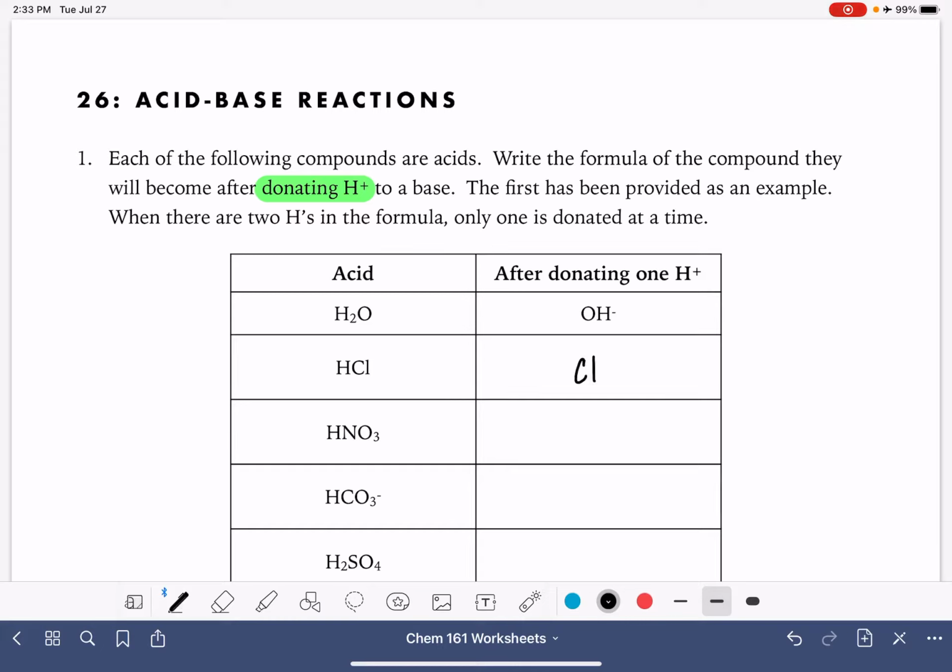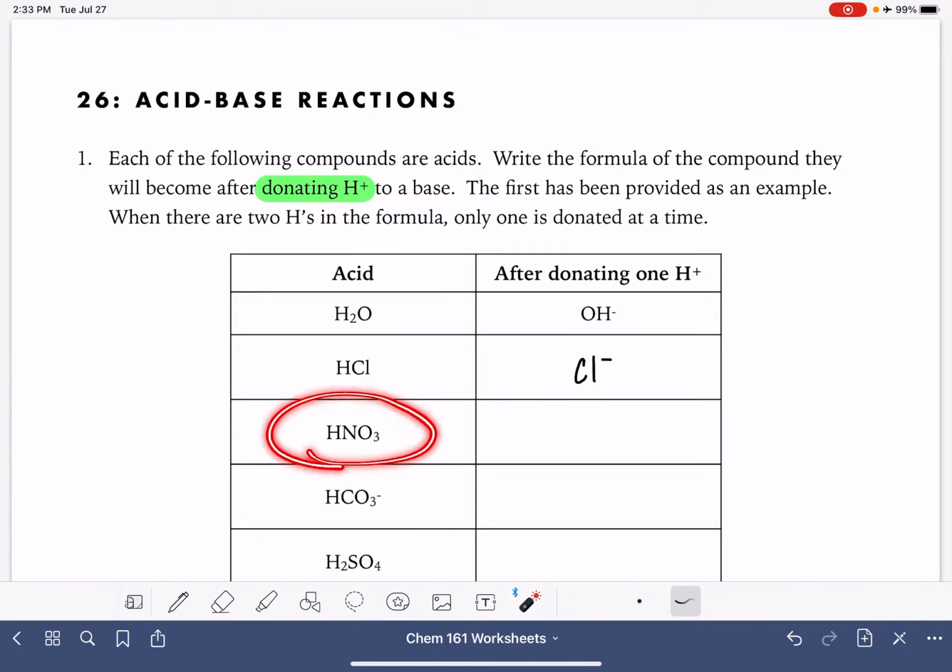That's going to leave us with just a chlorine. And then we also want to remove a positive charge. So if we think about this like a math problem, HCl has a charge of 0, it's neutral. And then we're going to be subtracting from that a positive charge, which is kind of funny math, the way that I've written it there. Basically 0 minus a positive 1 charge. That's going to leave us with a negative charge overall.